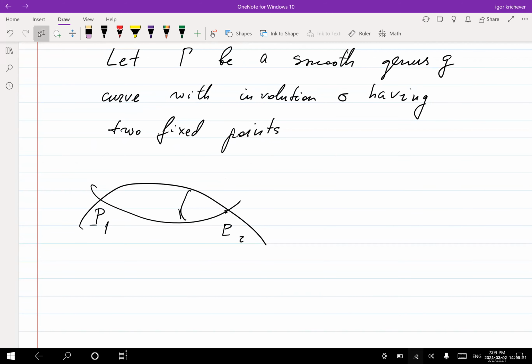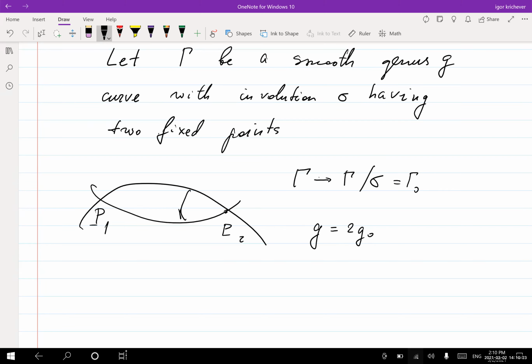The involution sigma just interchanges the two sheets, because you can think about this curve as a two-sheeted cover over the factor curve. And these points, P1 and P2, are the branching points of this curve. The genus of the curve Gamma is related to the genus of the factor curve by the relation that it is twice as big as the other.